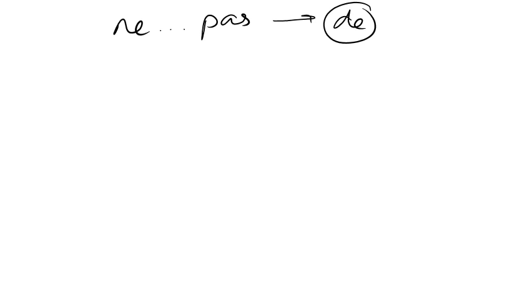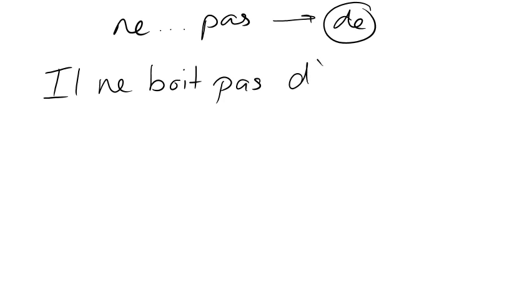So for instance, if I don't drink mineral water, or let's go with Monsieur Cannon because we know he doesn't, we would say il ne boit, notice the T, pas, and instead of it being de la or de l'eau minérale or whatever, it would be just du minéral. So notice how it changes.